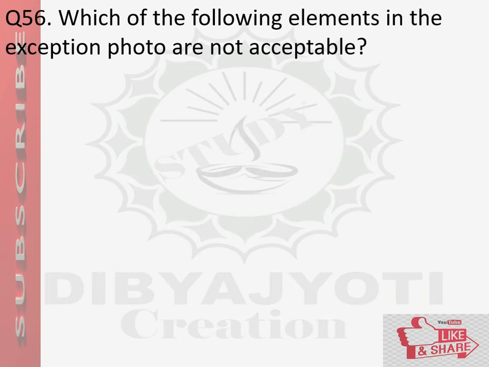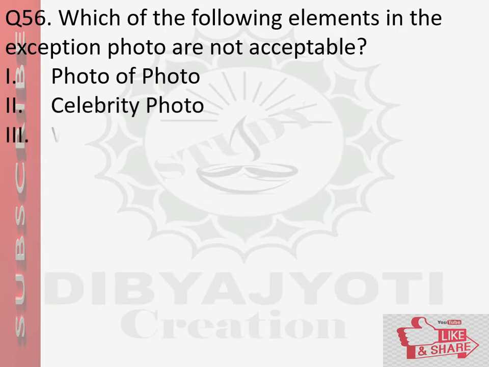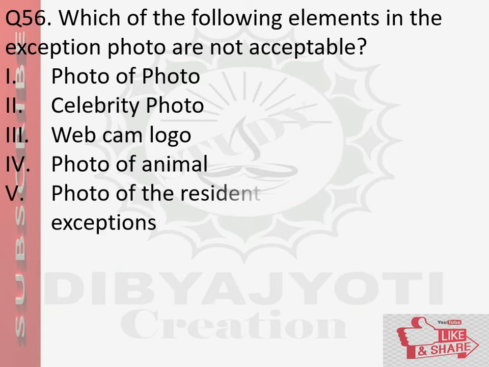Which of the following elements in the exception photo are not acceptable? Options are: bit 1, photo of photo; bit 2, celebrity photo; bit 3, webcam logo; bit 4, photo of animal; bit 5, photo of the resident showing the exception. Option A, 2 and 3.